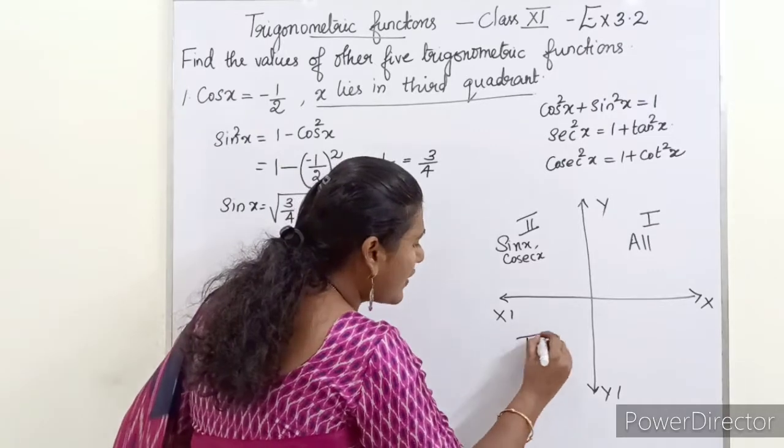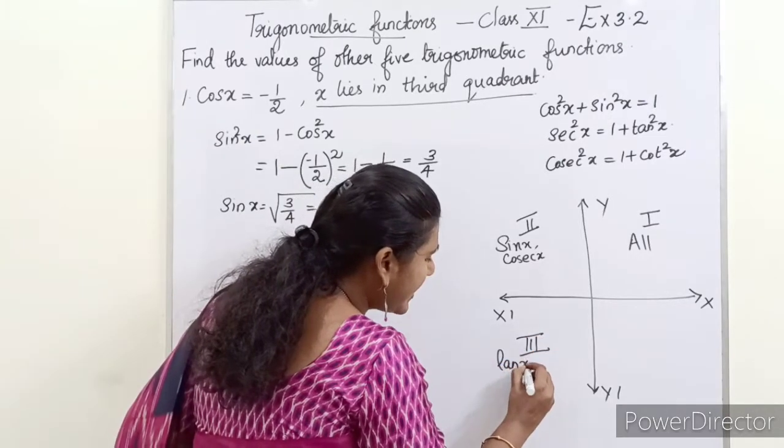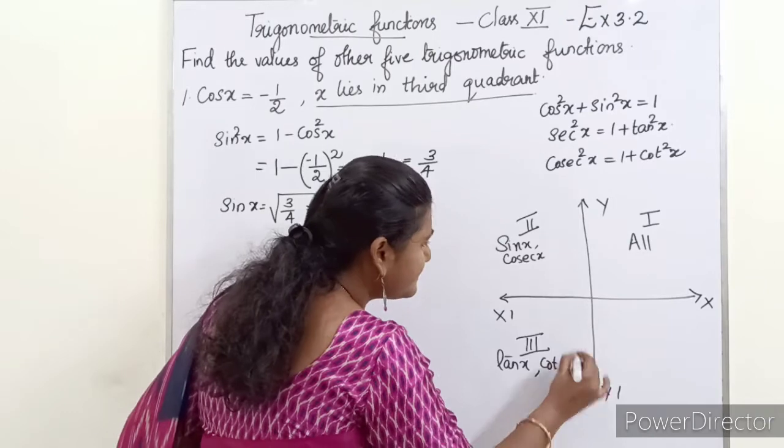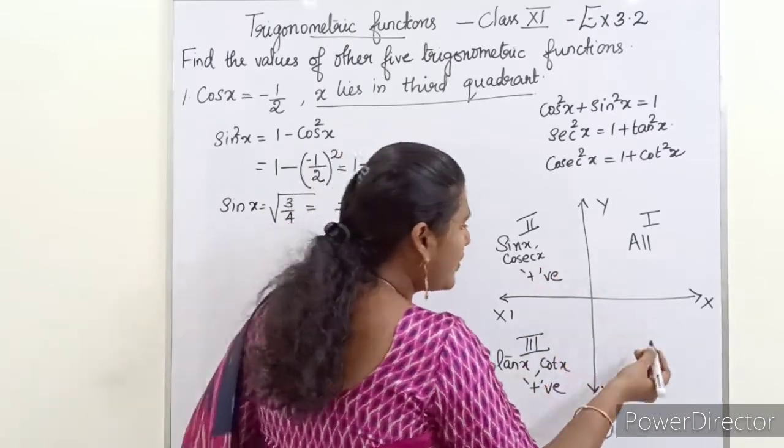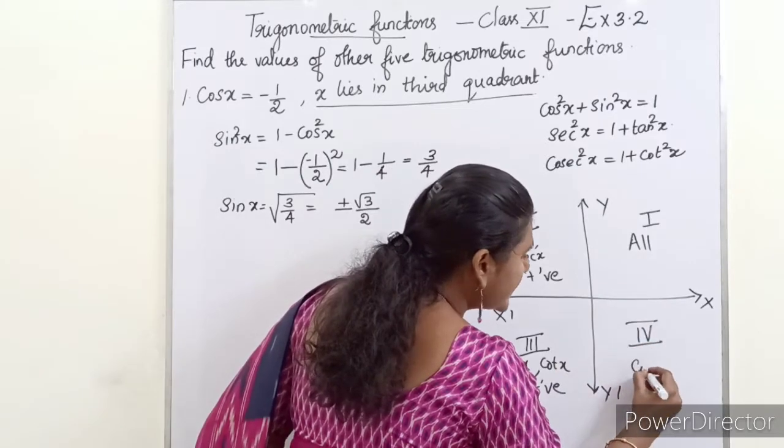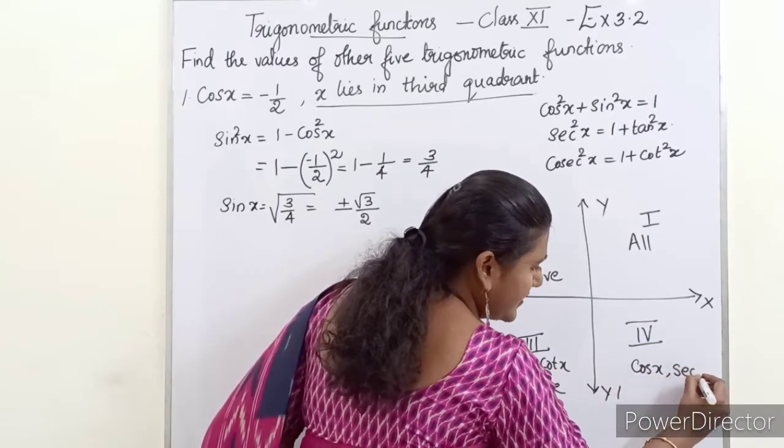And in the third quadrant tan x and cot x are positive, and other trigonometric functions are negative. And in the fourth quadrant cos x and sec x are positive.